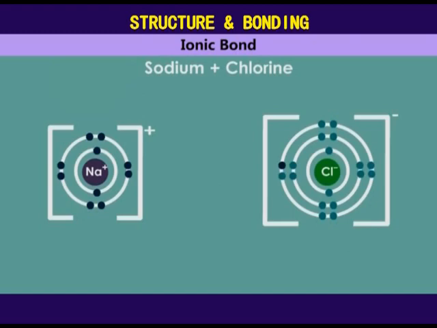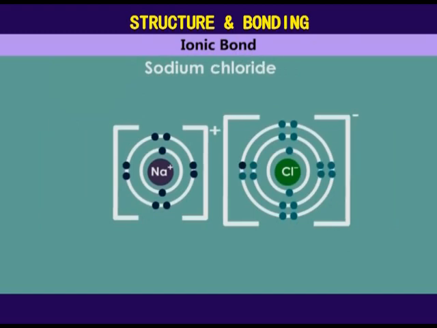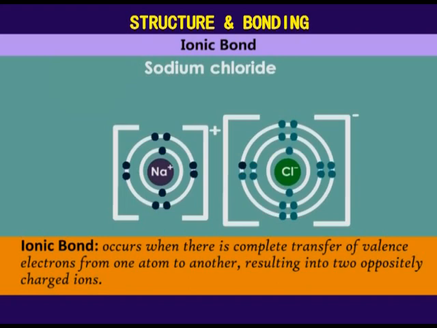The two ions attract each other, and this electrostatic attraction between oppositely charged ions is what we call an ionic bond. An ionic bond occurs when there is complete transfer of valence electrons from one atom to another, resulting in two ions with opposite charges. Generally, ionic bonds are formed between metals and nonmetals, resulting in an ionic compound.